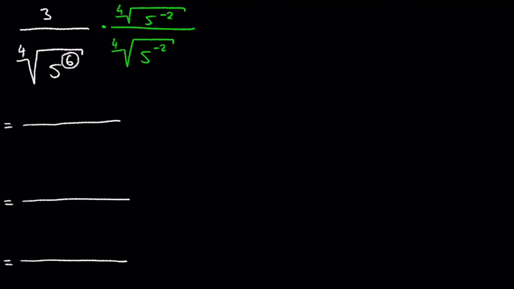So the 4th root of 5 to the 6 times the 4th root of 5 to the negative 2 is the 4th root of 5 to the 6 minus 2, which is then the 4th root of 5 to the 4.